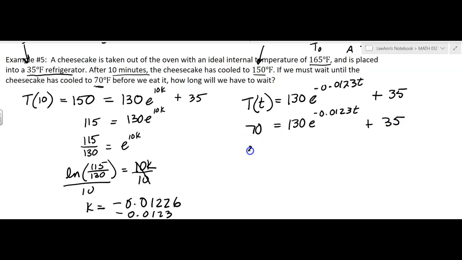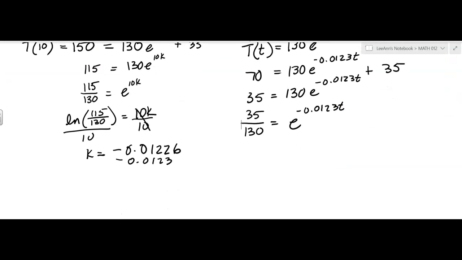So I know how much time I have before it's time to eat the cheesecake. Subtract the 35. Divide by 130. And natural log it. You probably know what's coming.